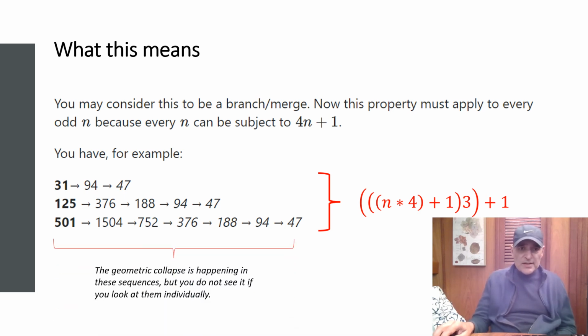So what needs to be observed is that 31 is not present in the sequence 125, and 31 and 125 are not present in the sequence 501. So this makes the 3 sequences appear to be different.